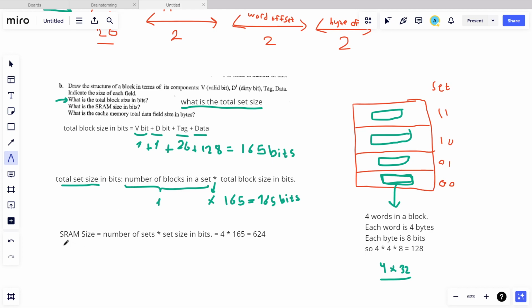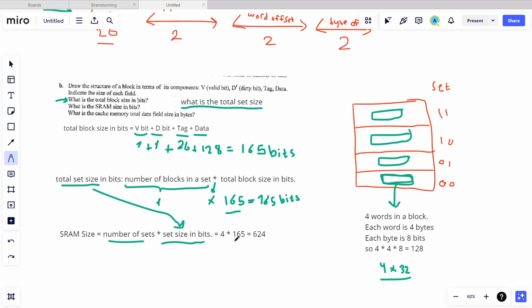The third step, which is the SRAM size in bits, is going to be the number of sets times the set size in bits. We already got the set size in bits as 165. We're going to multiply it by 4 since we have 1, 2, 3, 4 sets, right?